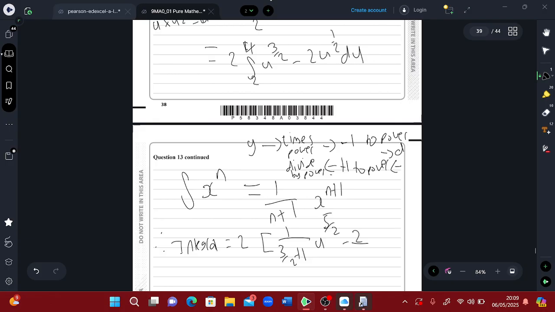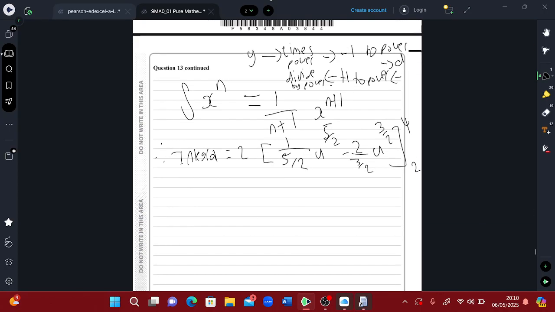So that's going to be a half plus 1. That would be 3 over 2. And that would be between 4 and 2. Okay, because that's where our limits are. So minus 2, and then what I did, add 1 to the power, half plus 1, 3 over 2, divide by the power. Like I said here, 5 over 2, and then you divide by the power.